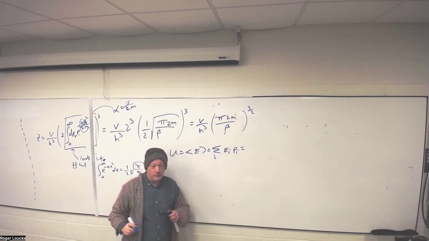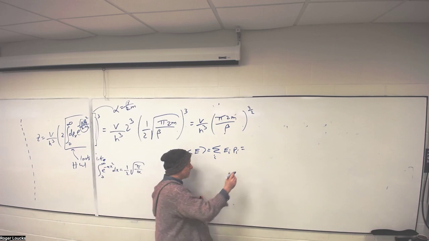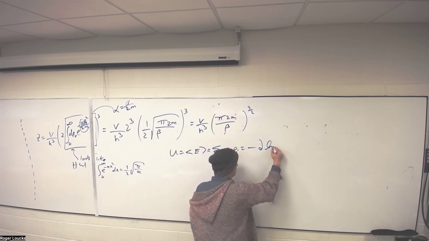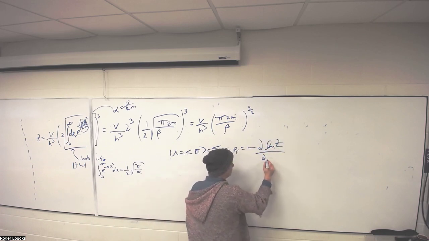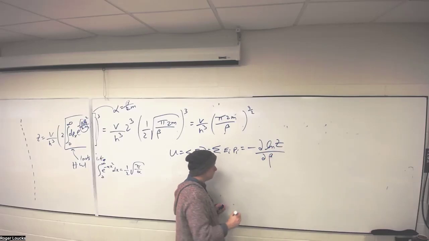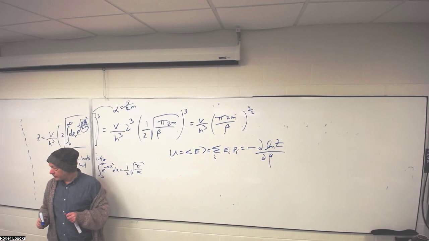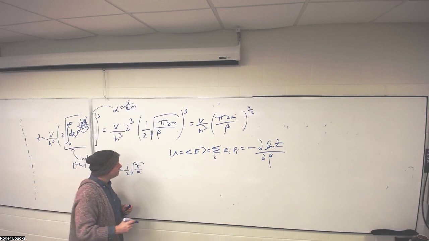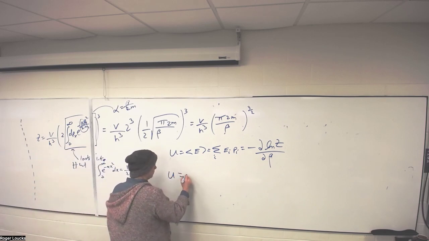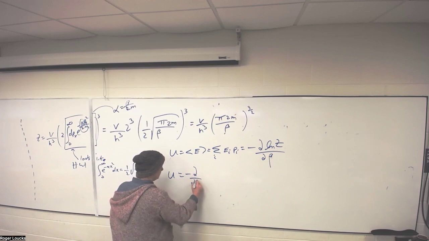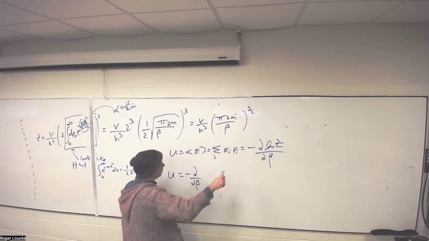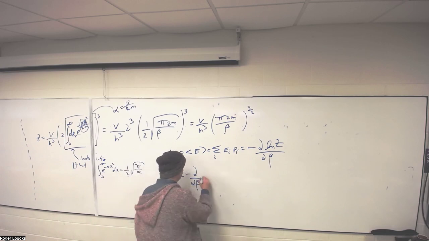But what else is it equal to? Minus the partial of the natural log of Z with respect to beta. That makes sense? So let's actually do this. We're going to get a profound result. We get minus the partial with respect to beta. If I take the natural log of this, let's put it in here.